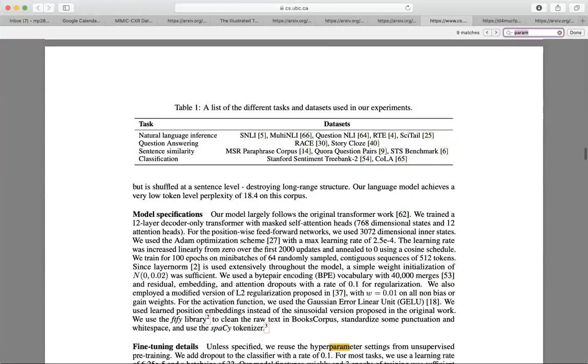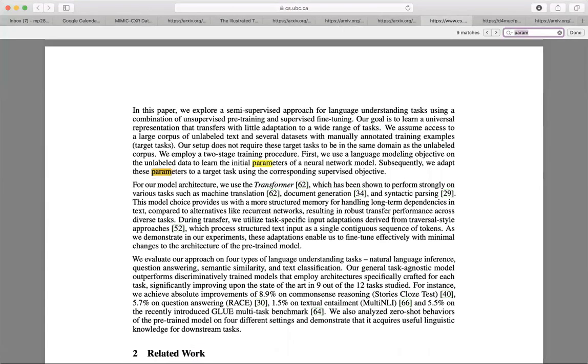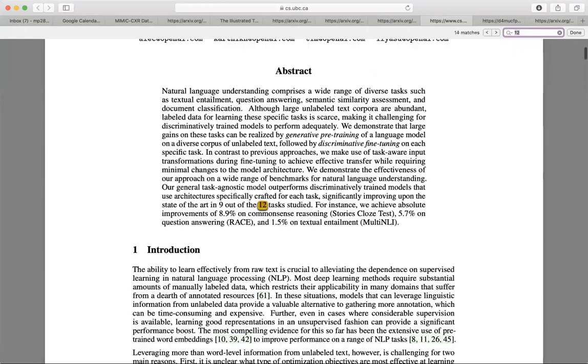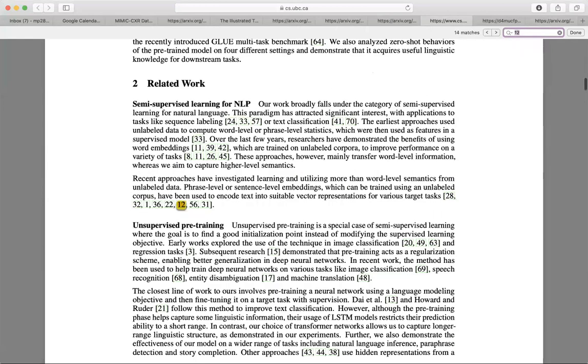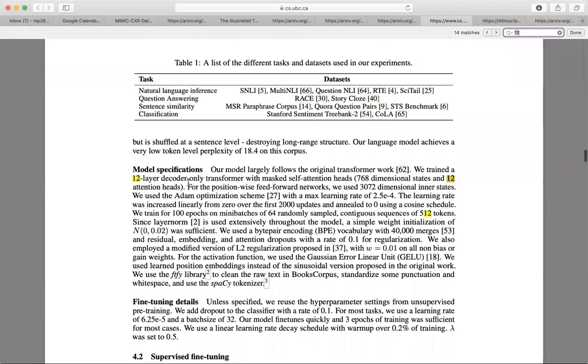Let me search parameters. I don't think they say. So basically, it's 12 blocks of 12 layers of decoder-only transformer with masked self-attention.